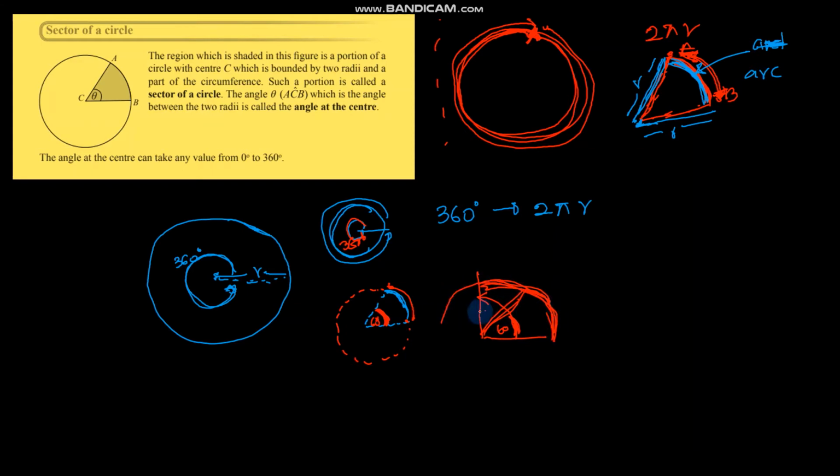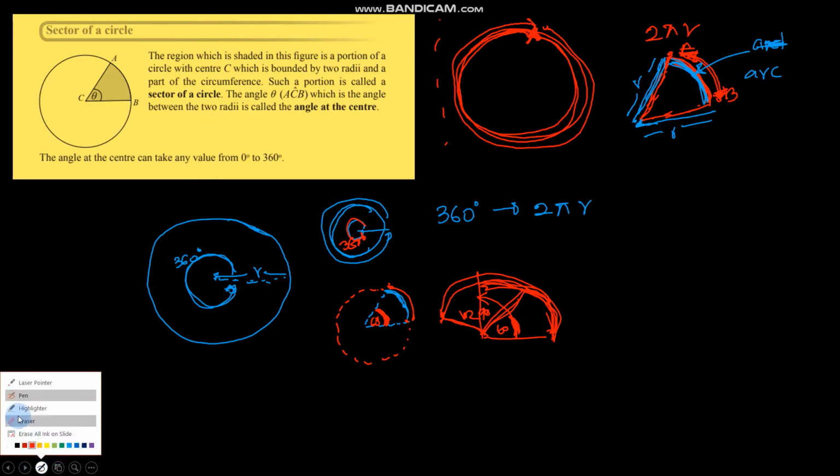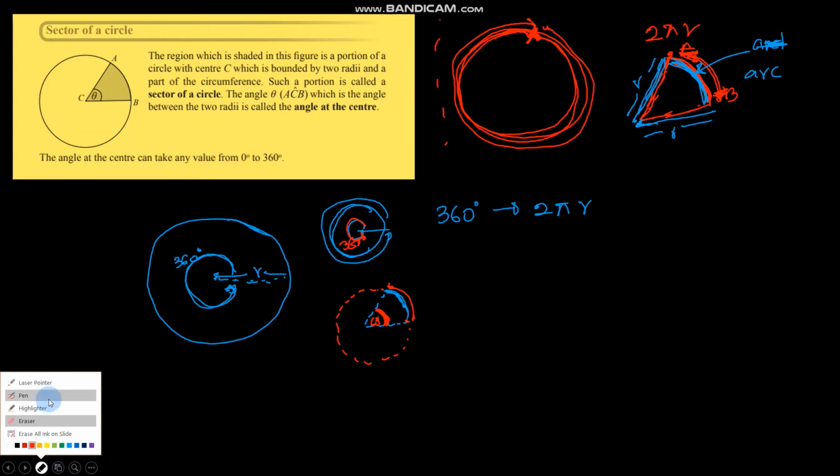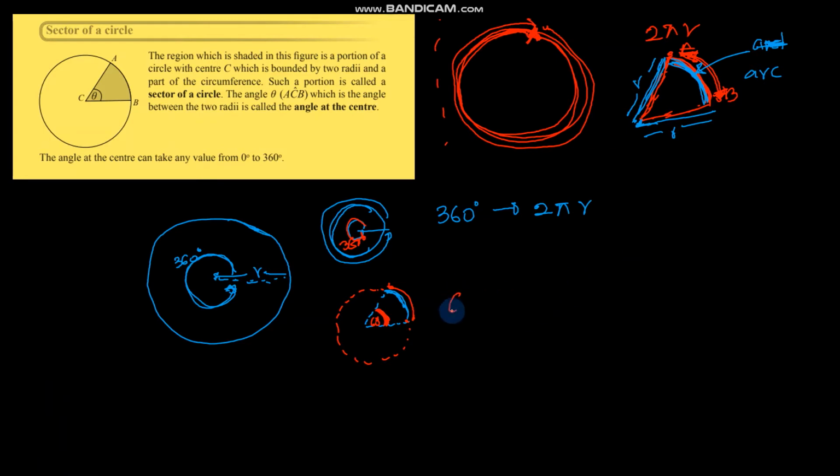If I increase it to 90 degrees and then 120, the length from this point to this point increases. Simply, the length of this proportion is equivalent to the proportion of the degree, right? If it is 60 degrees, what is the formula of this?